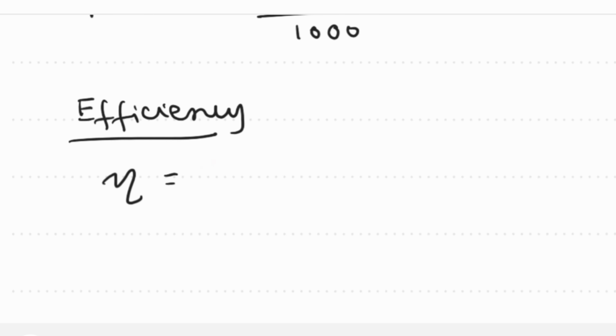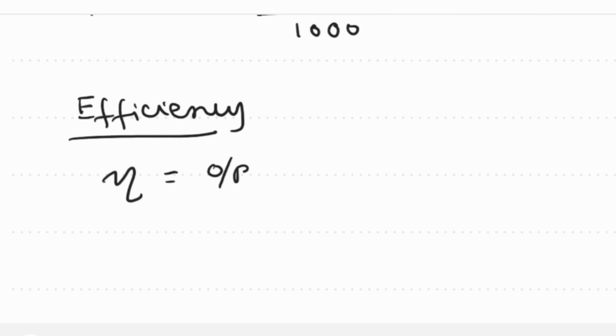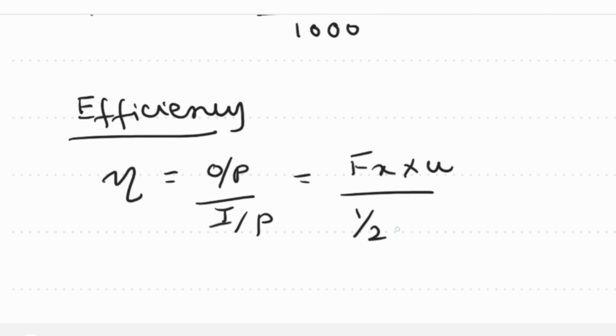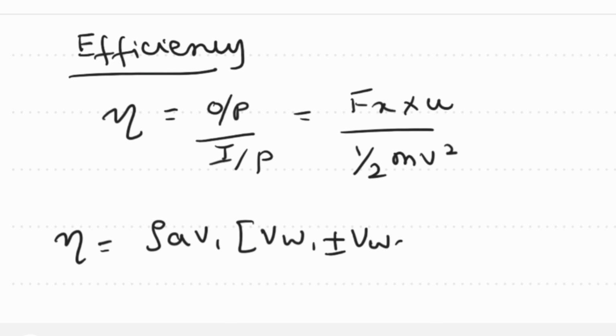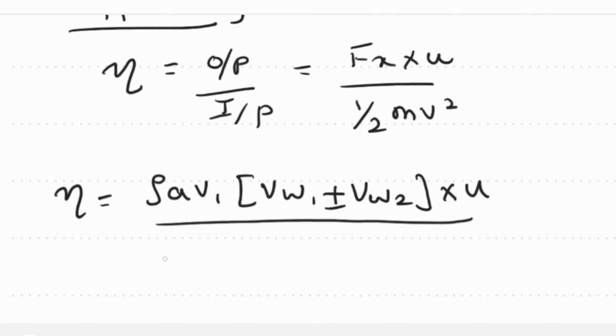Next is efficiency. Efficiency eta is equal to output divided by input. Output is work done, so that is Fx into u, divided by input, which is half m v square. So eta is equal to Fx, which is rho into A into V1 into Vw1 plus or minus Vw2, into u, divided by half into m, which is rho into A into V1, into V1 square.